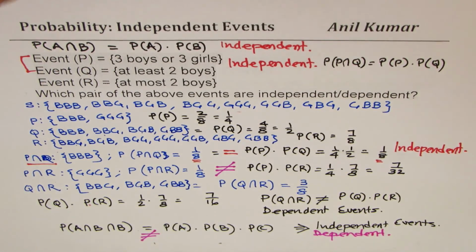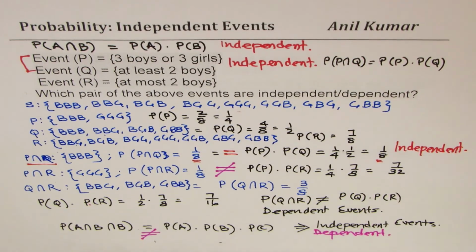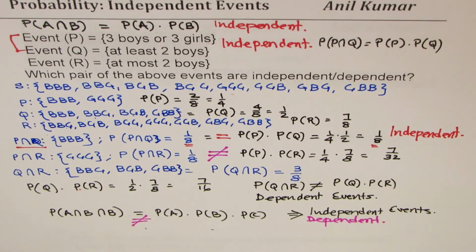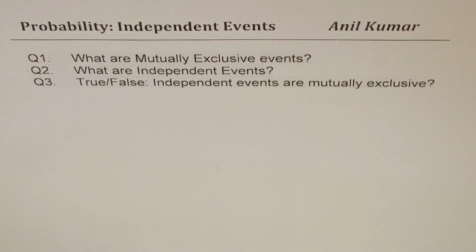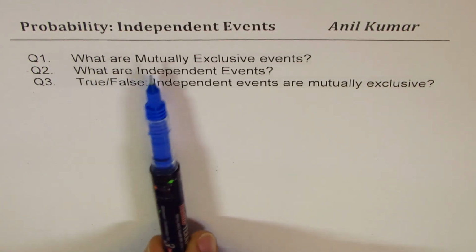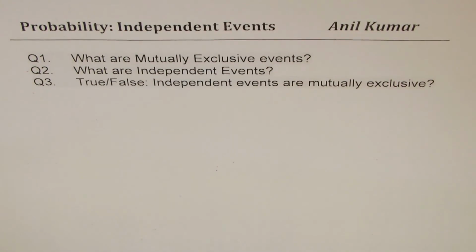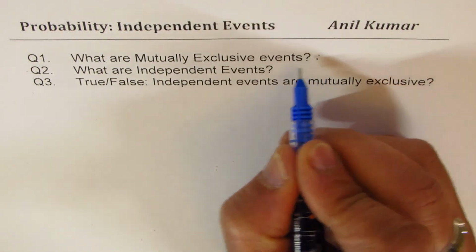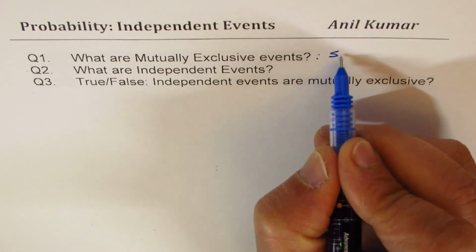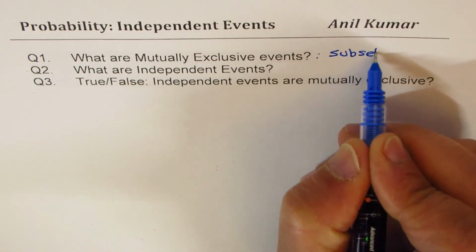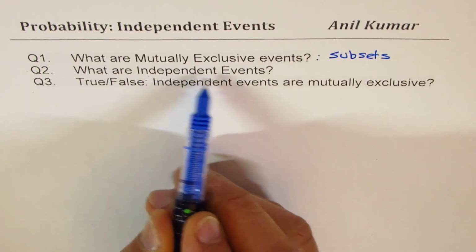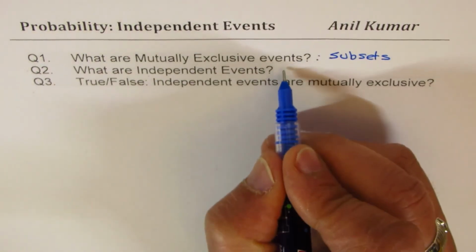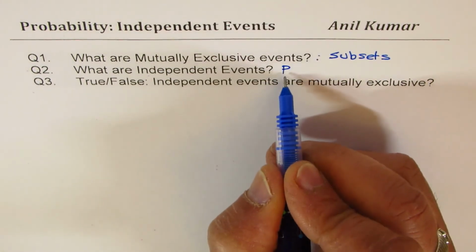So now we can look again into the portion which we left, just to summarize. We're talking about these three questions. We understand what mutually exclusive events are. For mutually exclusive events, we are only talking about subsets. As far as independent events are concerned, we are talking about probability, right?